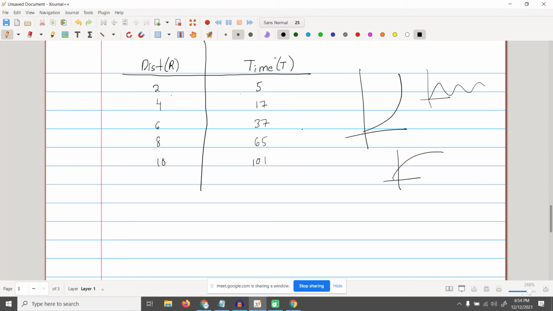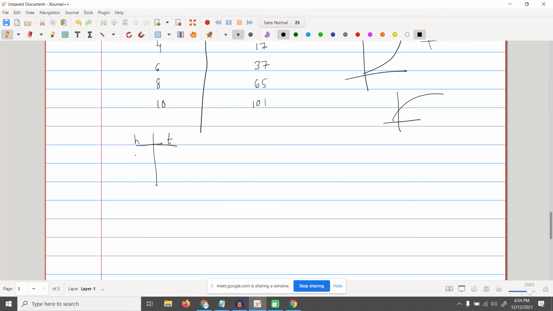Imagine you're doing an experiment. It doesn't have to be the planetary motion. You're trying to figure out how much time it takes for an object to hit the ground once you release it. So you're dropping it from different heights and measuring the time it takes to hit the ground. You're releasing it from half a meter, 1 meter, 1.5 meter, 2 meter, and measuring the time in milliseconds.